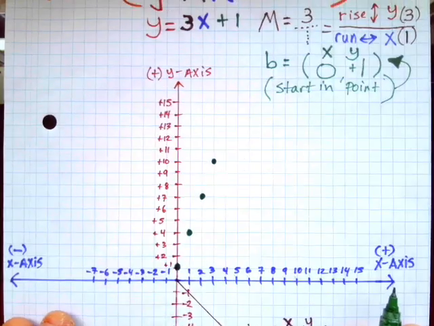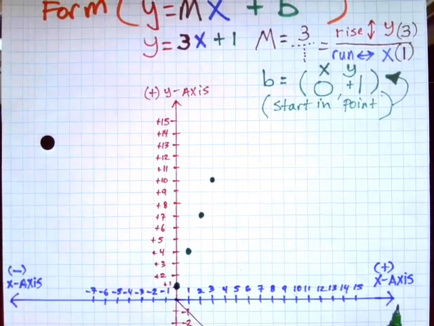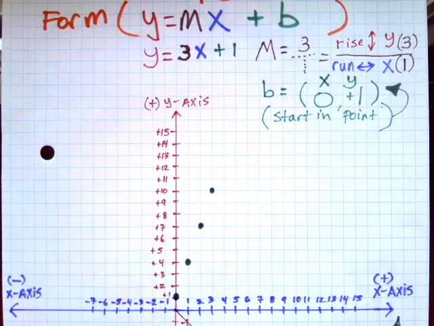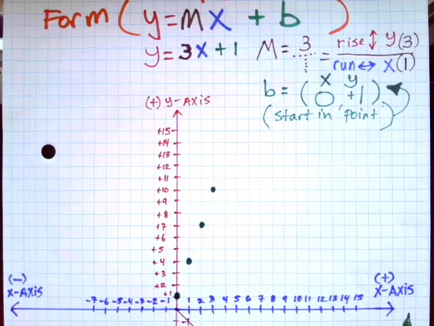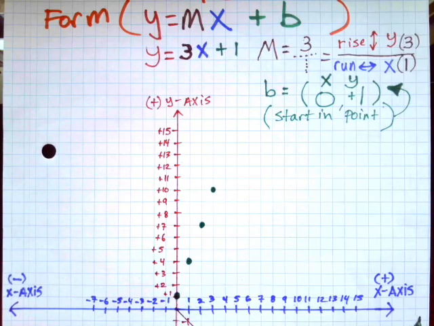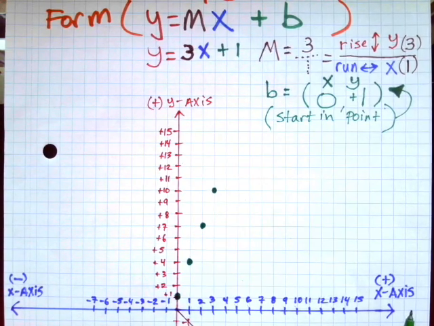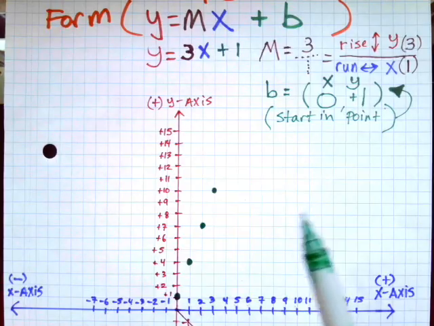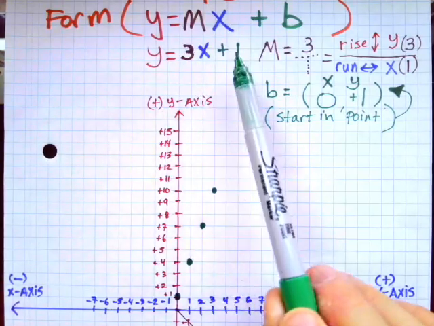Technically, you only need 2 ordered pairs to graph a straight line, but I always like to do 3 or more. And you can see here, that's how you would graph using slope-intercept form given an equation.